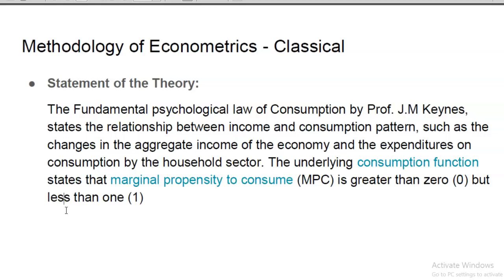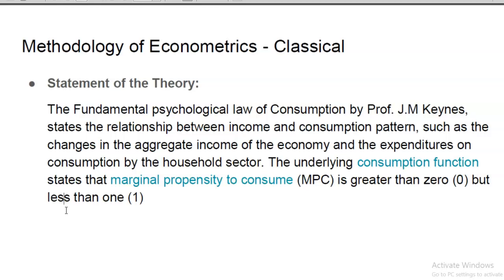But it has to be less than 1, which means that whatever change in the consumption expenditure is happening is due to the change in the income. That is also being explained by the marginal propensity to consume. It only explains the change in the consumption expenditure that is happening due to the change in income, very clearly and quantitatively.